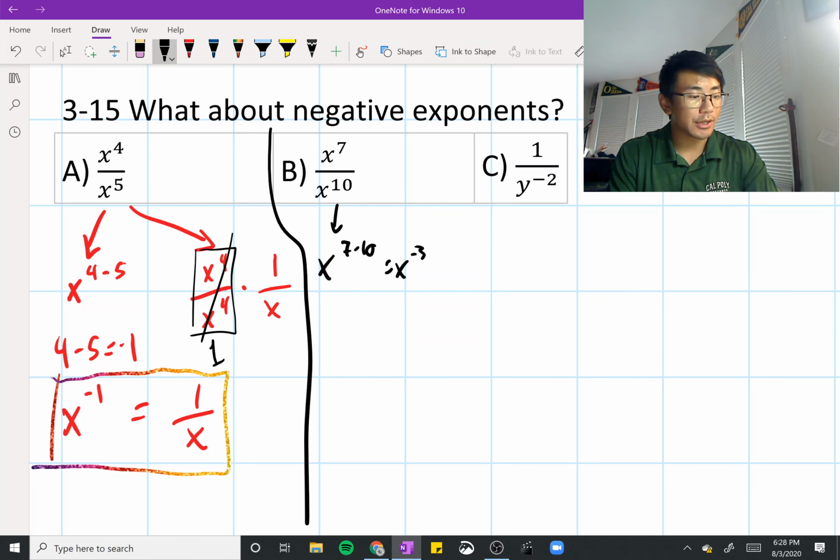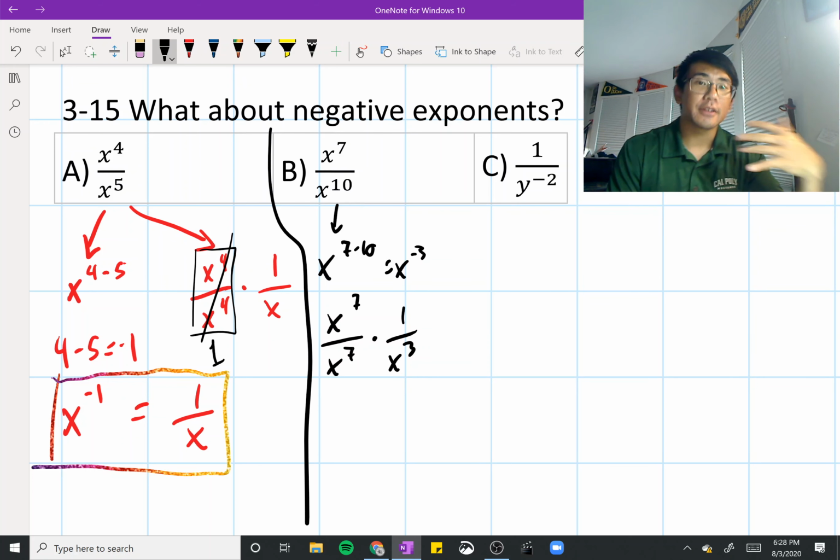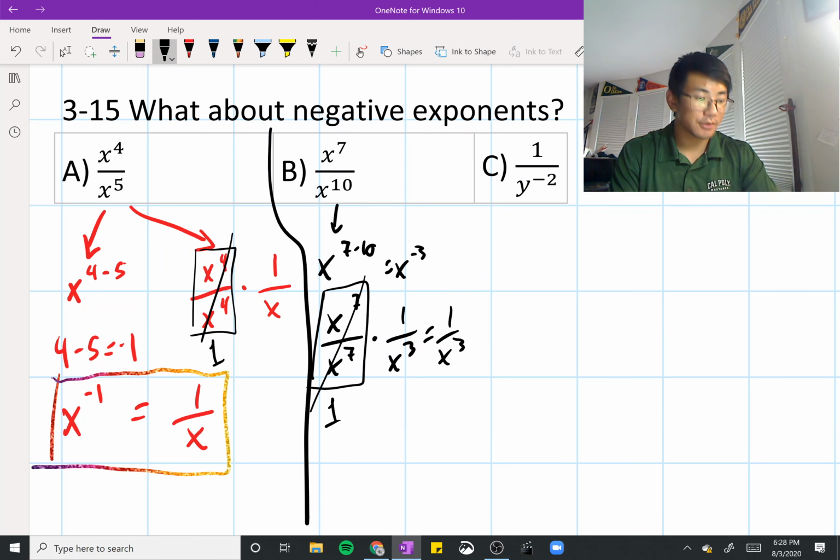Or we could look at it like so: group up 7 of the x's, and I'd be left with 3 more x's in the denominator. Therefore, I have a giant 1 right there, and I'm left with 1 over x cubed. So x to the negative 3 is equal to 1 over x cubed.